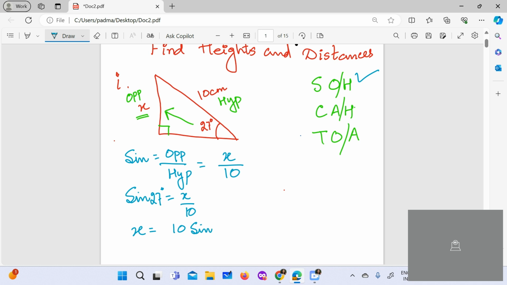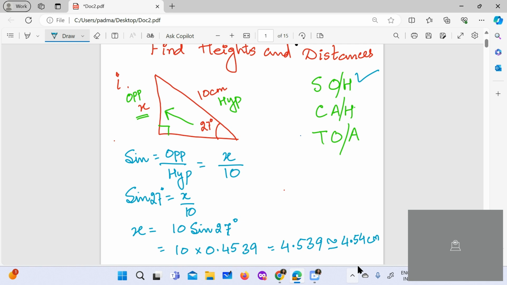So you can use your scientific calculator to get the value of sine 27 degrees. That is 10 into 0.4539, and hence your answer is 4.539, and we can round this answer to two decimal places as 4.54. So I hope this is clear.